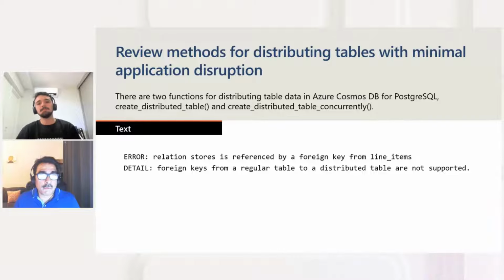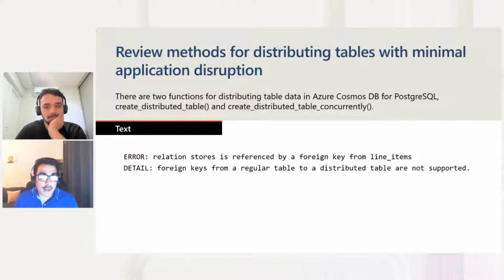Any outage will have a repercussion on the revenue of the company. So there are two ways in which you can do the distribution of the table data. Two functions are provided within Azure Cosmos DB for PostgreSQL: one is create_distributed_table, and the second one is create_distributed_table_concurrently.